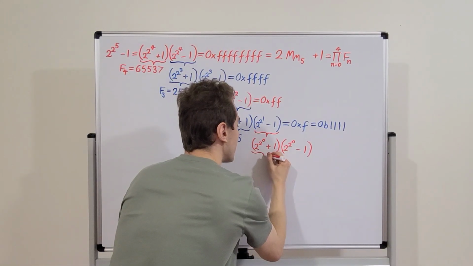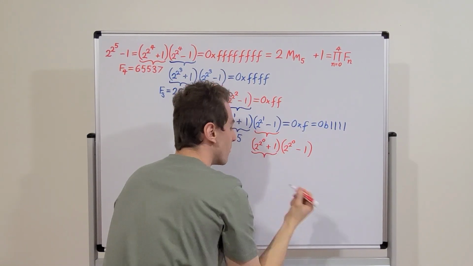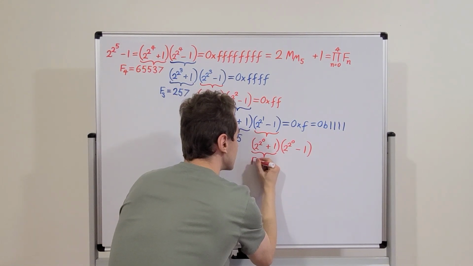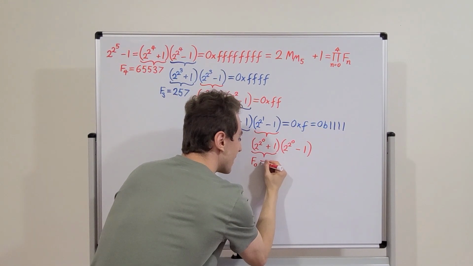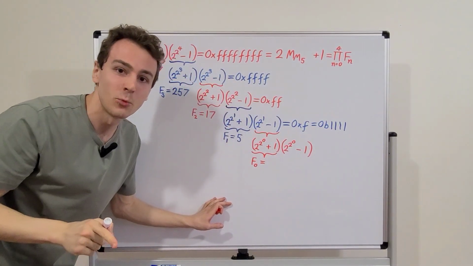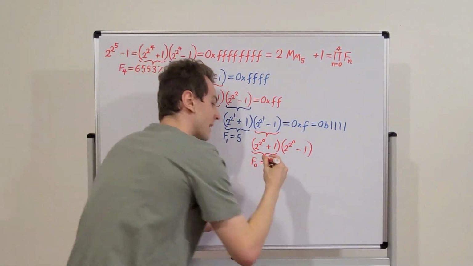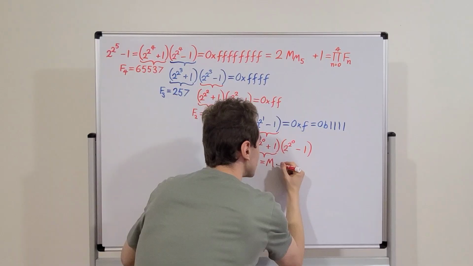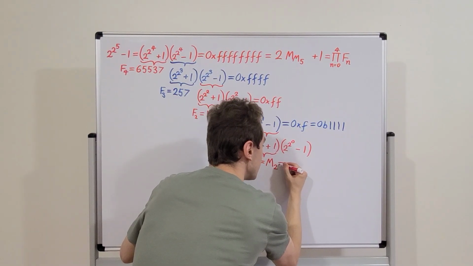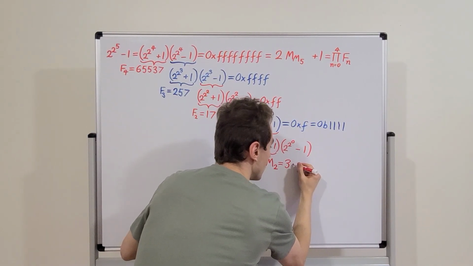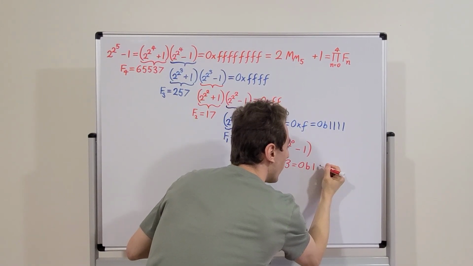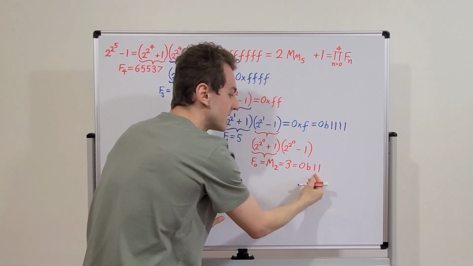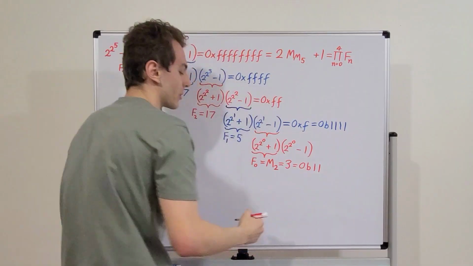So we can identify this as the Fermat prime f sub 0. And we can also identify it as another type of prime, which is a Mersenne prime, and it is actually m sub 2. So this quantity is equal to 3, and we can write that in binary as 1, 1. So 3 is 2 ones in binary.